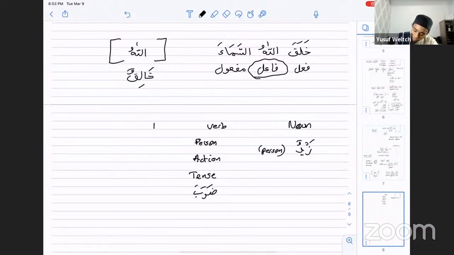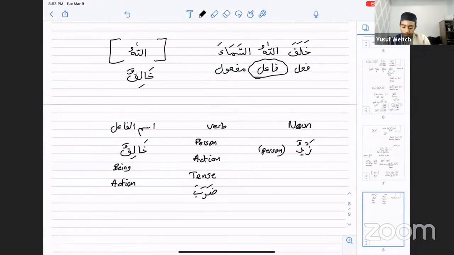Whereas ismul fa'il is somewhere in between the two. There's a person, so khaliq, for instance, the creator. There's definitely a being implied there. They'll say being because Allah is not a person. And then there's an action, but there's no tense.